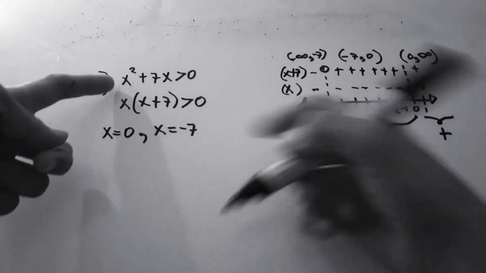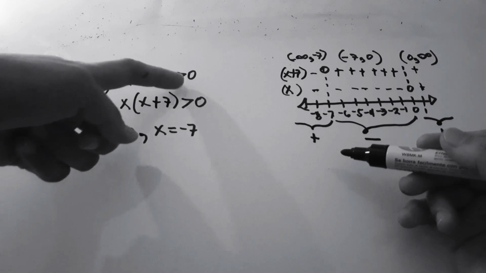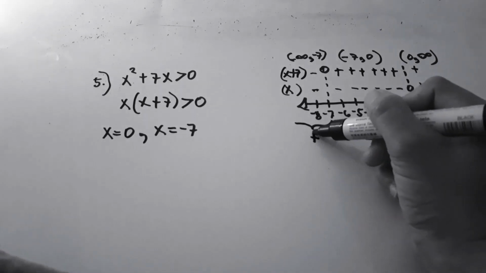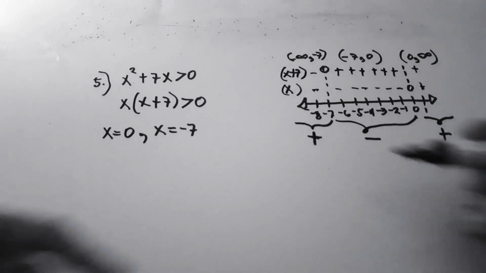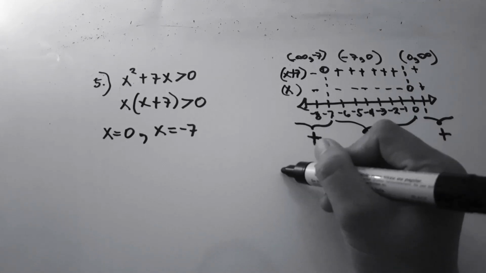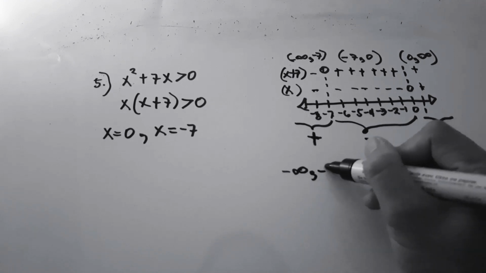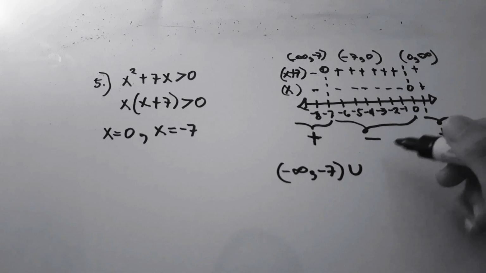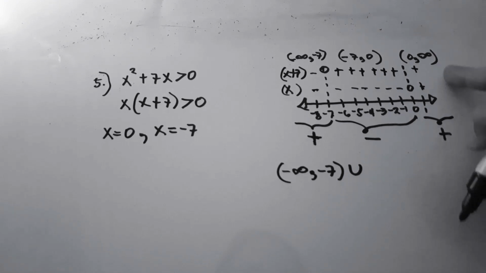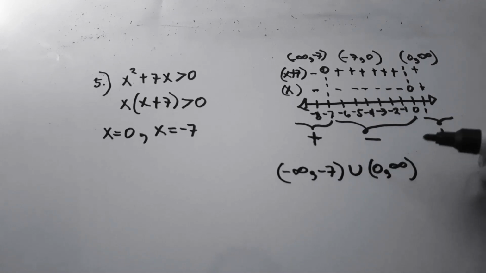Since in this equation positive makes the expression greater than 0, we can have two answers. So we have negative infinity to negative 7, union 0 to positive infinity.